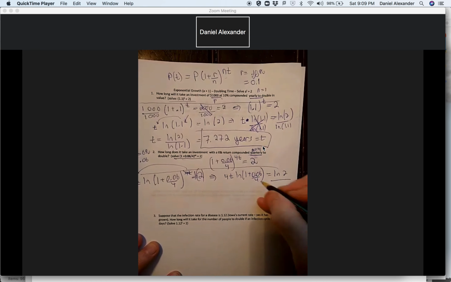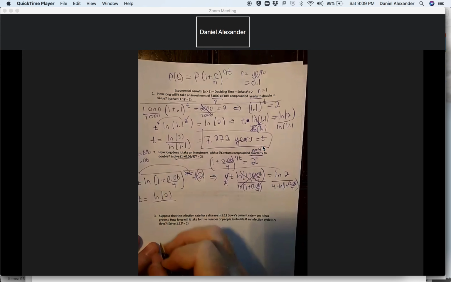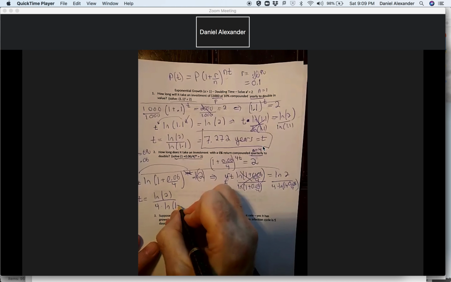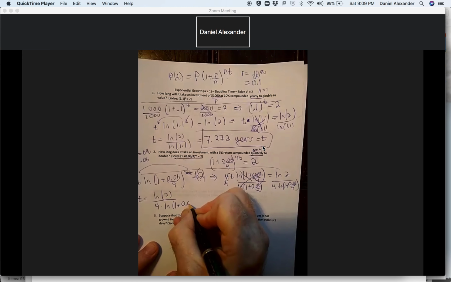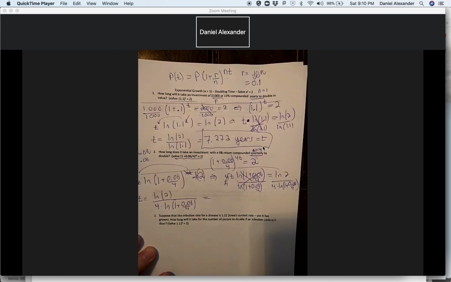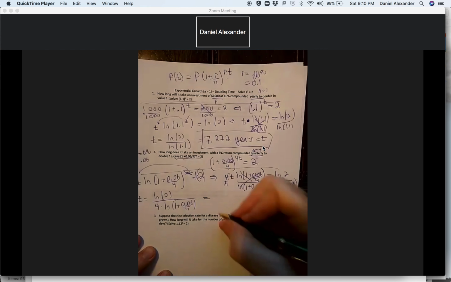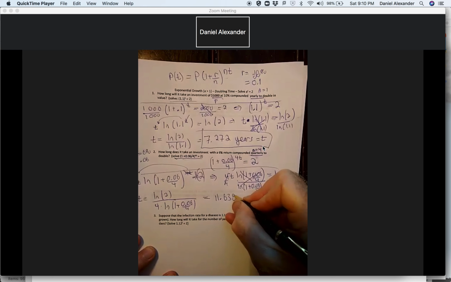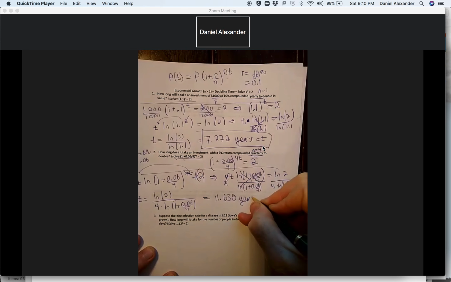My equation is now t equals natural log 2 over 4 times natural log of 1 plus 0.06 over 4. And again, I plugged this into the calculator and I ended up with 11.638 years. And that's my t.